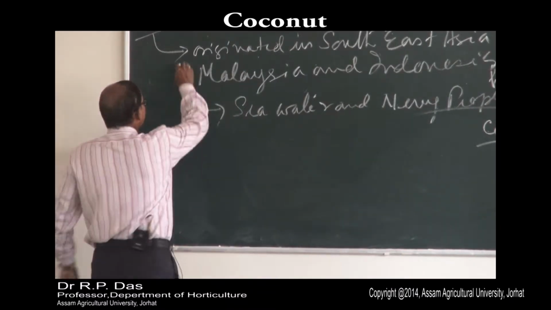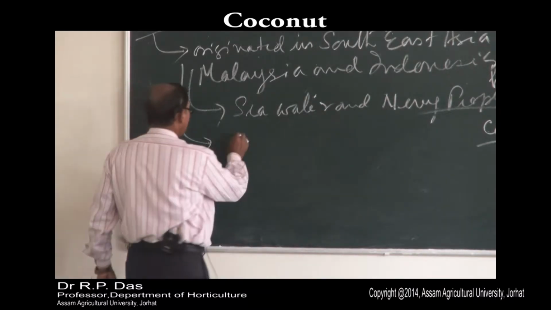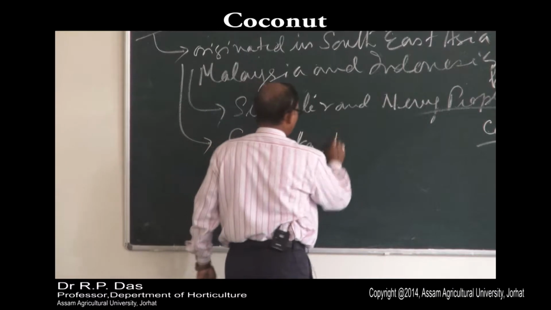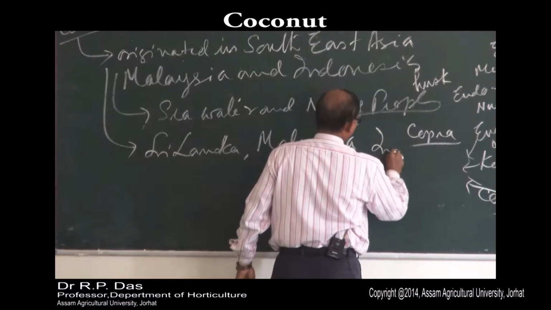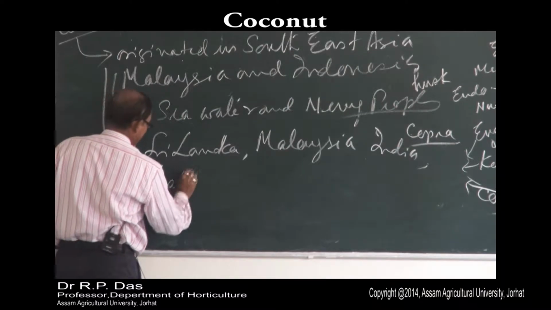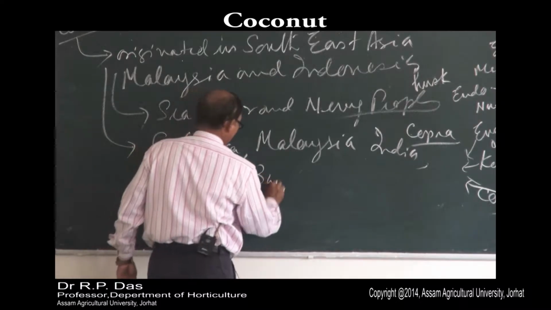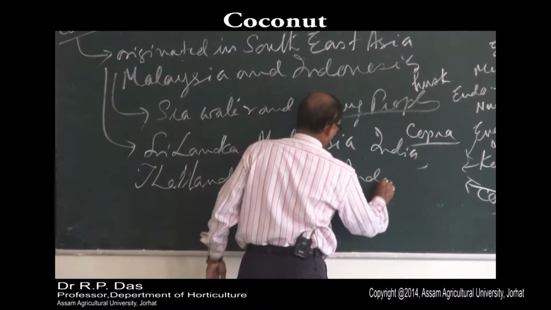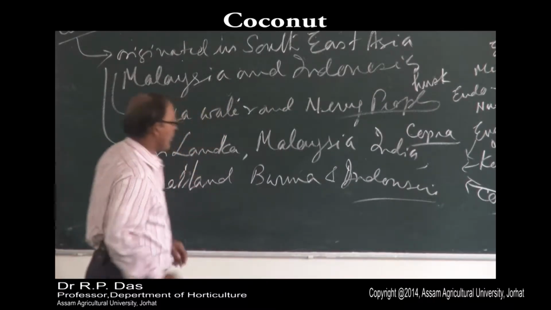Now the important coconut growing areas in the world are Sri Lanka, Malaysia, India, which secured the third position, Thailand, Burma and Indonesia, and some other places also, but these are the major coconut growing areas.